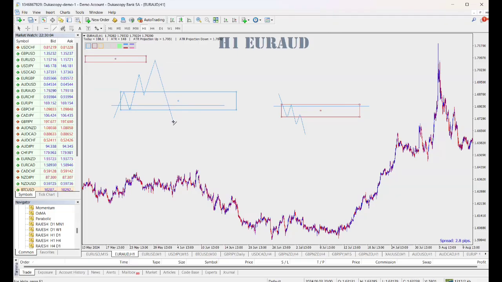So let's say price breaks this flag limit and price retraces, makes a lower low. Now we have a swap flag limit, which is just another flag limit in the opposing direction.